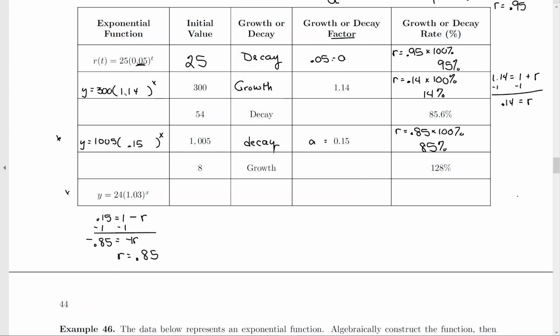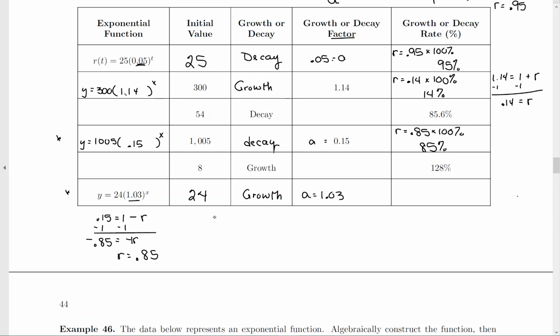Right, let's skip down to the last one here, where they again give me the information in the equation. My initial value, 24. The 1.03 is bigger than 1, so this is a growth. That is the A value.